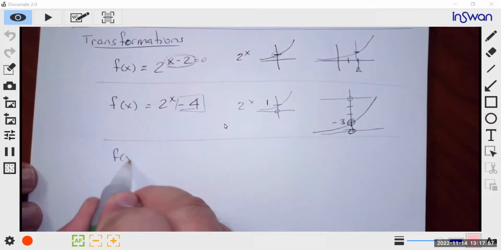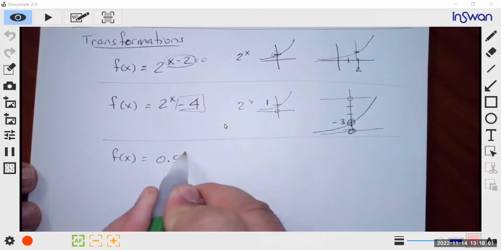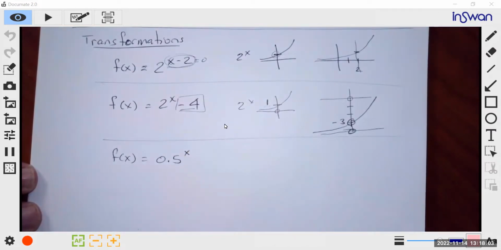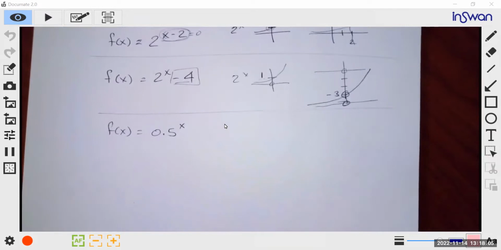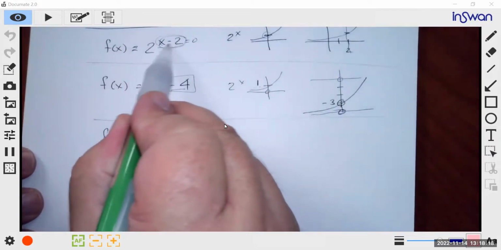How about if I gave you this? What's that graph going to look like? Does it have a horizontal shift? Is there a change in x? No. There's no plus or minus to x.